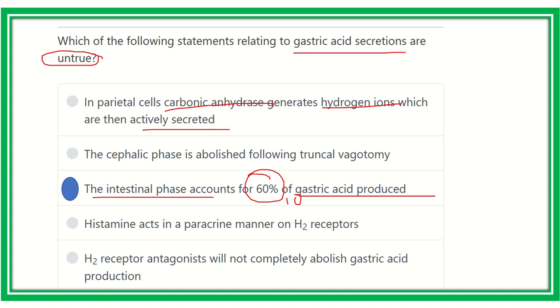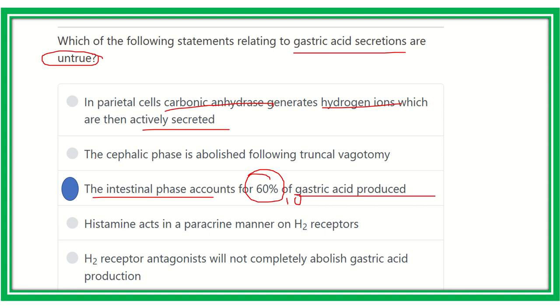It is true, because the parietal cell has a lot of the carbonic anhydrase enzyme, which generates hydrogen ions that are actively secreted into the stomach in exchange with potassium ions.